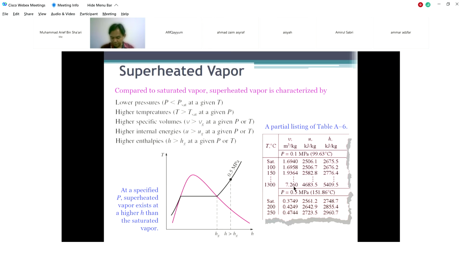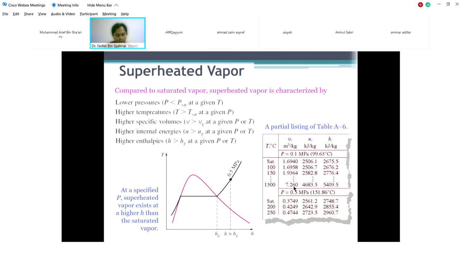I hope you can find the small columns inside table A6 by yourself. Look at the first column, back to 0.01 megapascal. In this small column, they have 5 properties: temperature, specific volume, internal energy, enthalpy, and entropy.